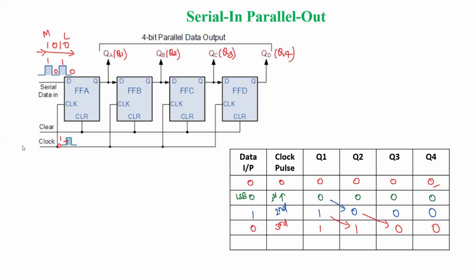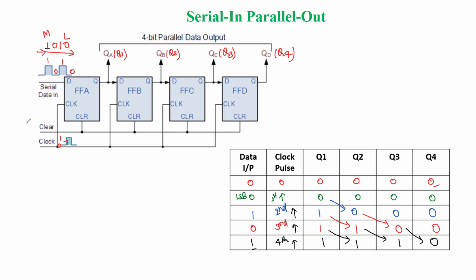Next we are going to see the fourth one, that is the last MSB bit. That is given here and we are applying the fourth clock pulse. This rising arrow shows the positive edge trigger. Now this one is available at Q1. This one is shifted to Q2, and this Q2 is shifted to Q3, and Q3 is shifted to Q4.